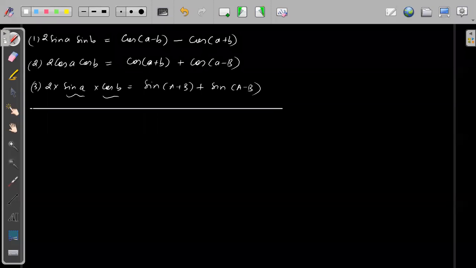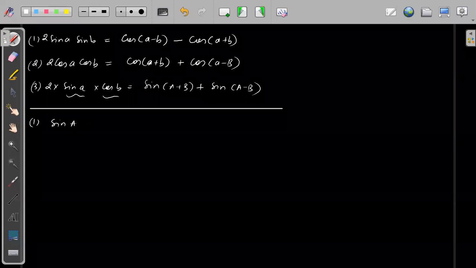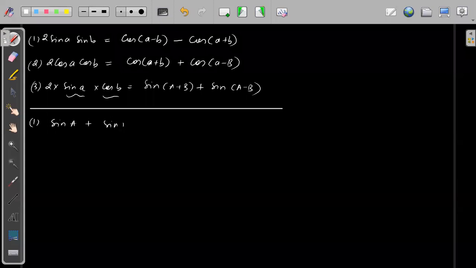Now let's see if you remember the different forms. So sine A plus sine B. Tell me what you will get. Now from addition, 2 cos A sin B, same as before, you will simply put a minus sign.